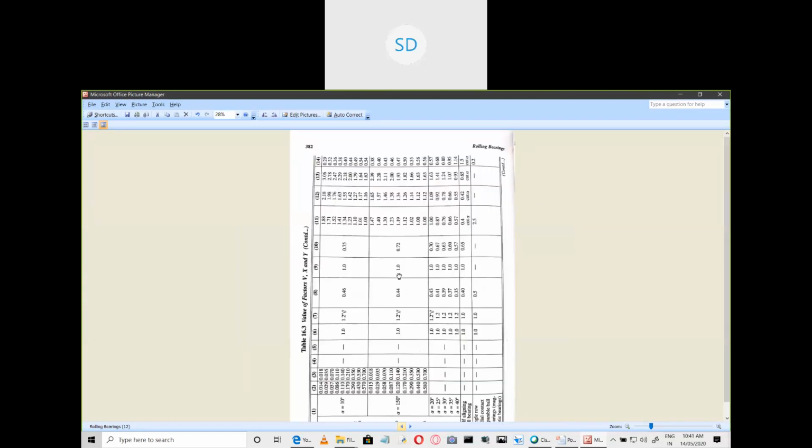Table number 16.4: you can refer to the value of FC to calculate the static load. Table number 16.5 gives the values of factors V, X and Y for radial roller bearings. If you want to design for roller bearings, then you go for this table. It continues here, table number 16.3.